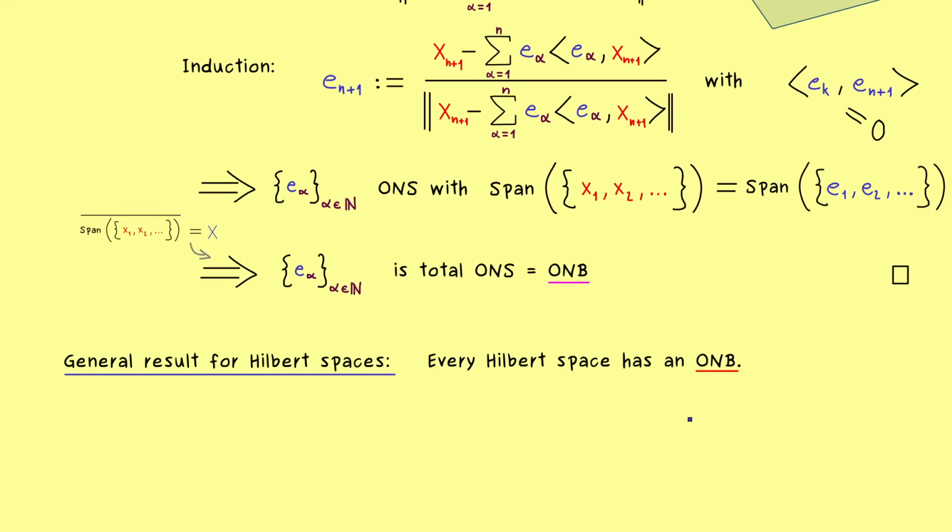And there, in general, we don't have a countable ONB. Actually, the proof here is not so different from the one above, but we have to extend our induction argument. Which just means that we have to use more from set theory, namely Zorn's lemma or the axiom of choice. However, for us this proof is not so important, because most of the time we deal with the separable Hilbert spaces anyway.